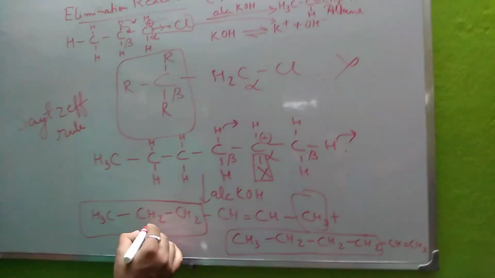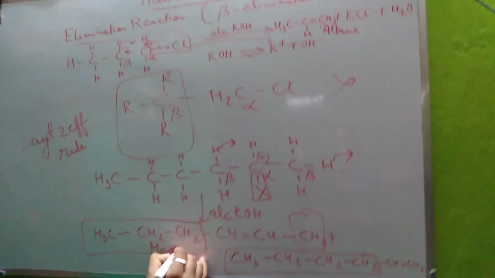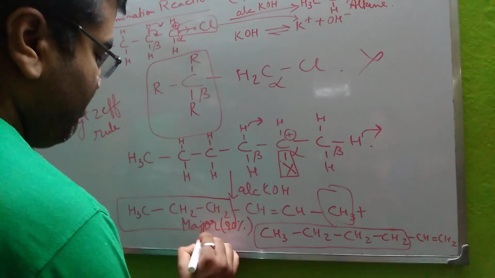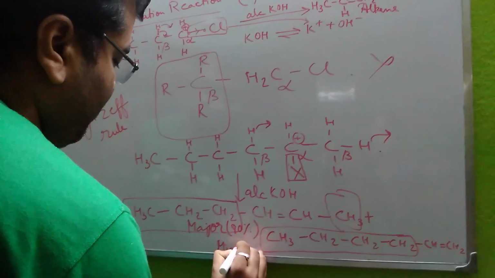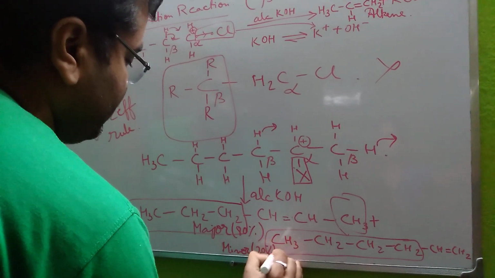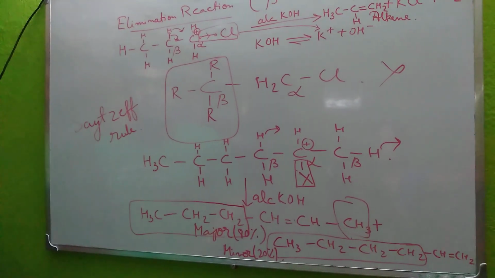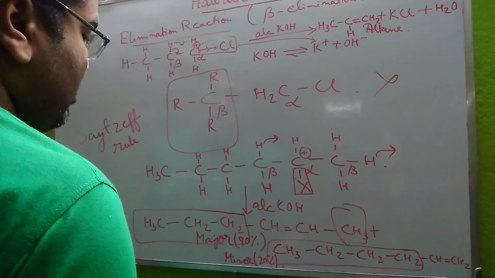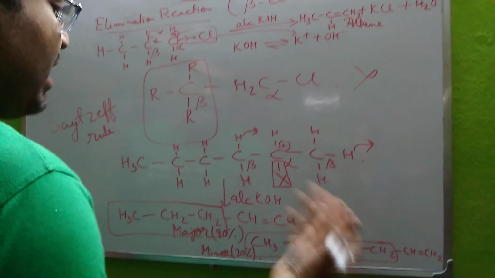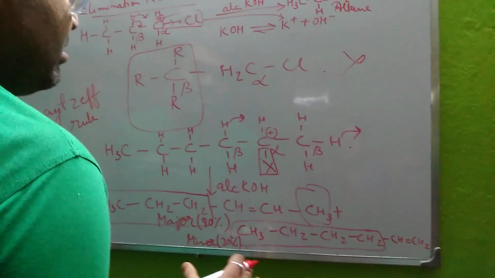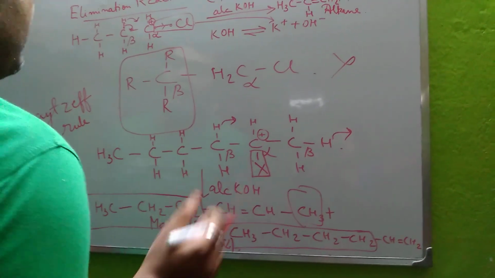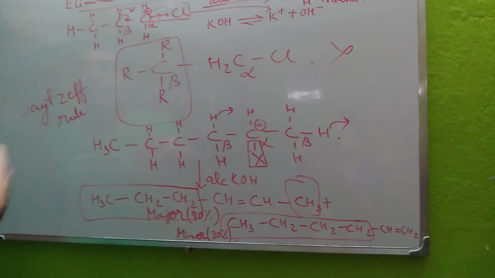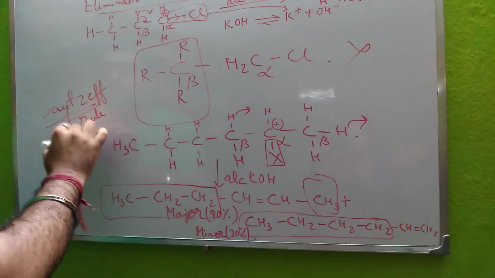That means the major compound will be this one. It will be yielded 80%, and this would be the minor compound, of 20%. This is what Saytzeff's rule says: look on both sides of the double bond, and where there is a longer alkyl group, that will be the major product, and where there is no alkyl group or a smaller alkyl group, that will be the minor product formed by the beta elimination reaction. This is what Saytzeff's rule states.